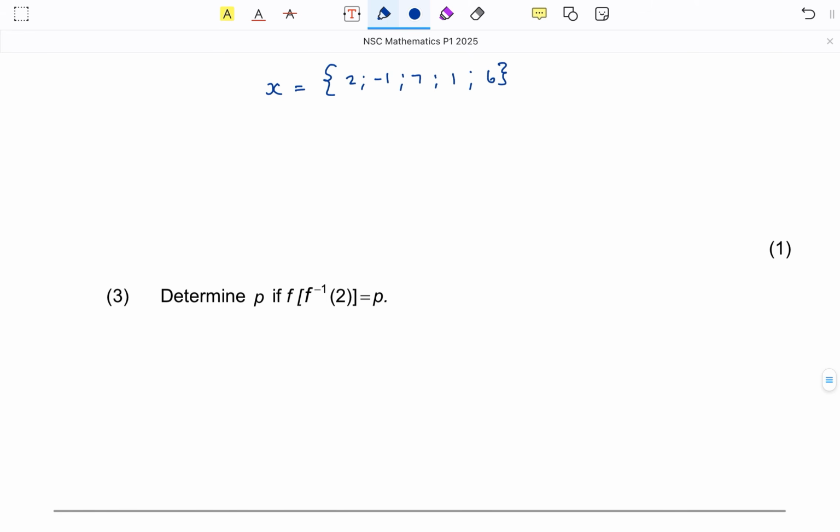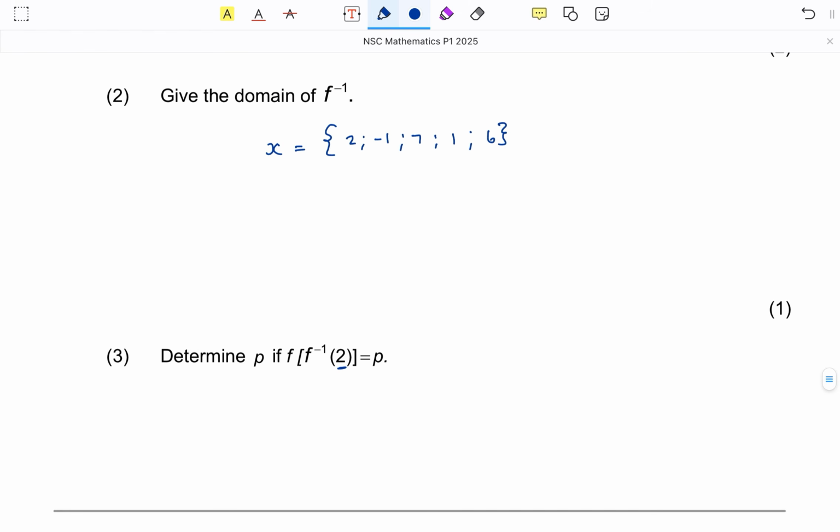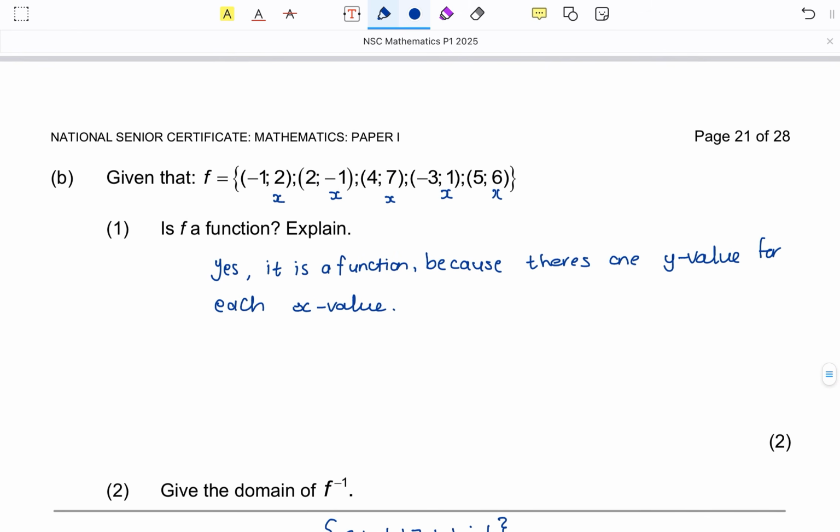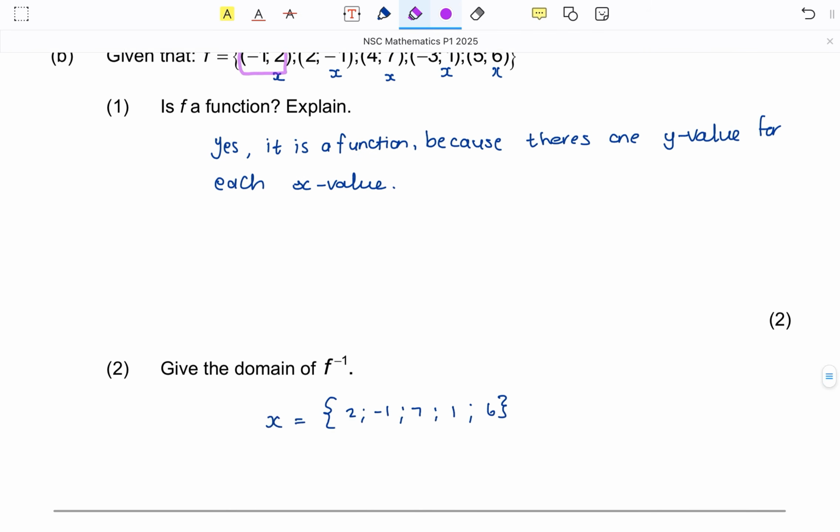And then the last part of this question says we need to determine p if f is equal to p, but f is where we find 2 in the inverse. That means if we were looking at the inverse, the y values would actually be the x values. So we are looking for a coordinate where the y value is 2 in the original graph, because that would have meant that x is 2 in the inverse.